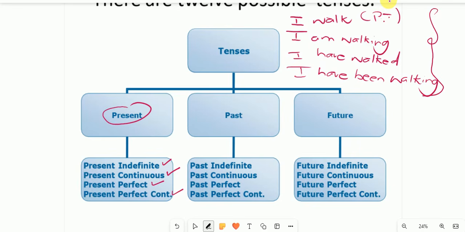Remember, we said with the indefinite action, the verb will not be explicit as to whether the action is still continuing or completed. It's just to state what is happening currently. Then you know that it's a simple present tense or a present indefinite. So it will just be I walk, without indicating whether the process is done or not.